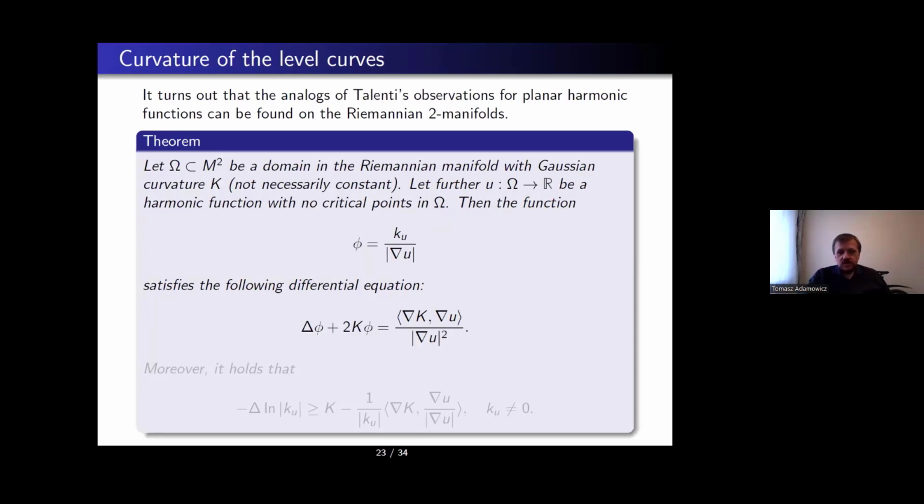And you can see that when the Gaussian curvature K is identically zero, this equation reduces to the harmonic one, and we retrieve Talenti's result.